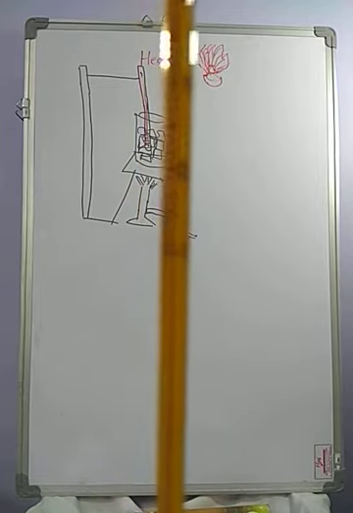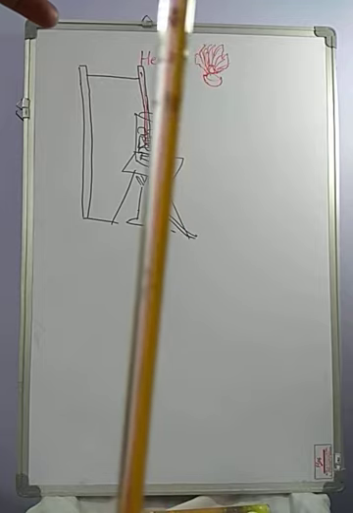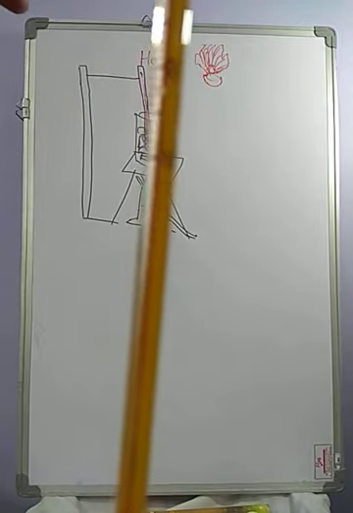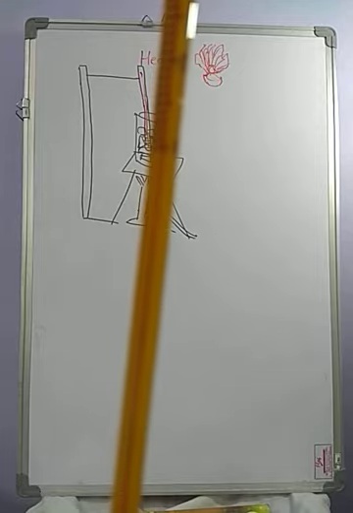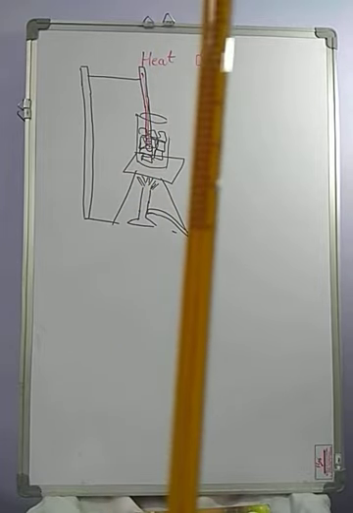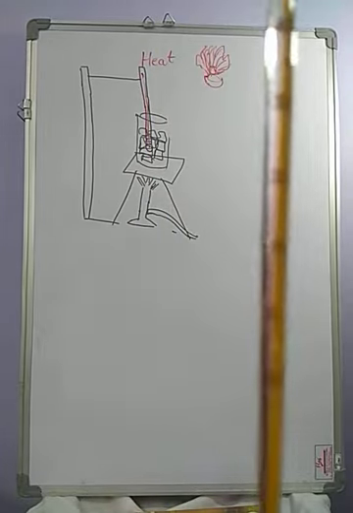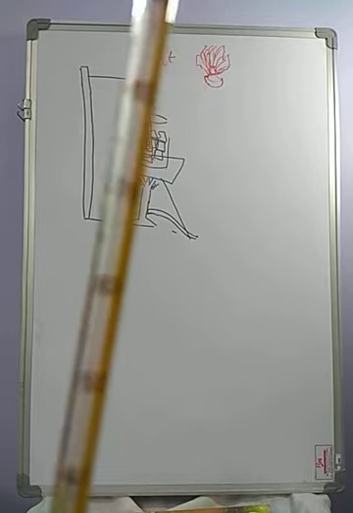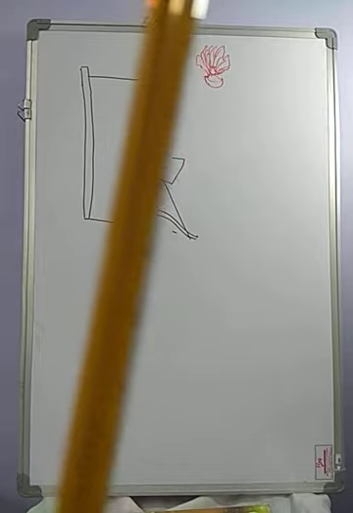Now look at this thermometer. What is the lowest reading here? You can see below 0 there is 10. That means we can measure minus 10 with the help of this thermometer. At the same time, what is the highest reading of this thermometer?